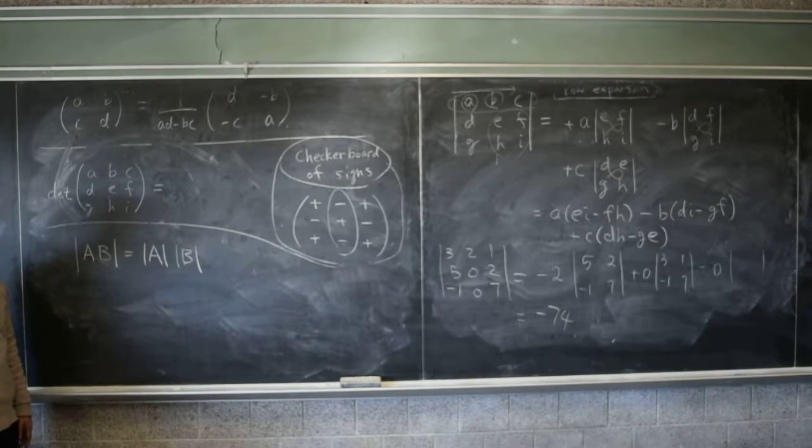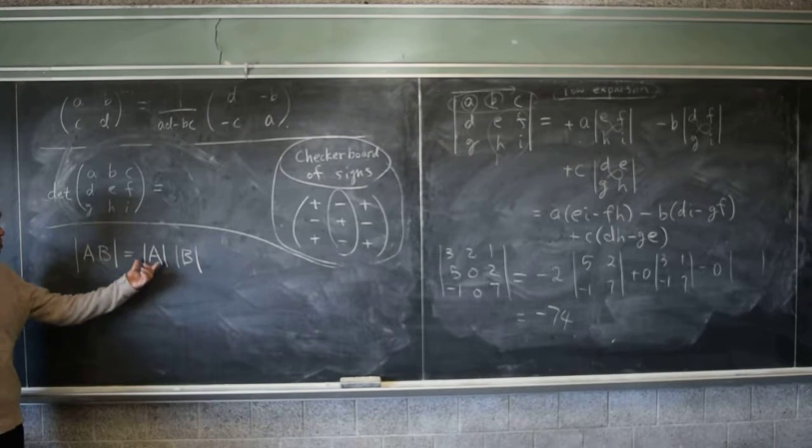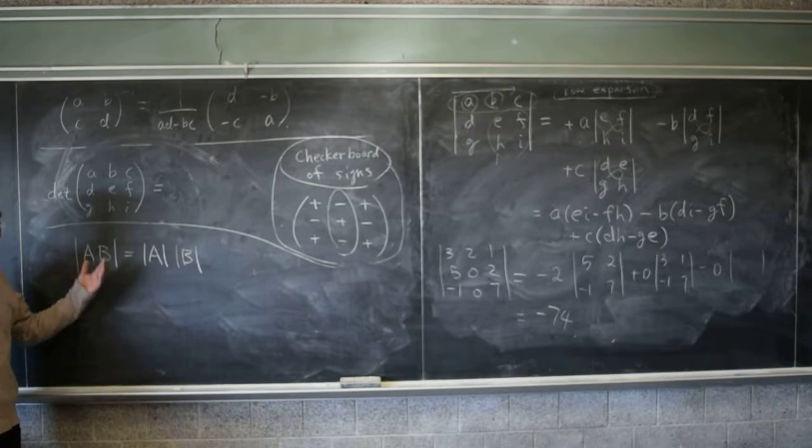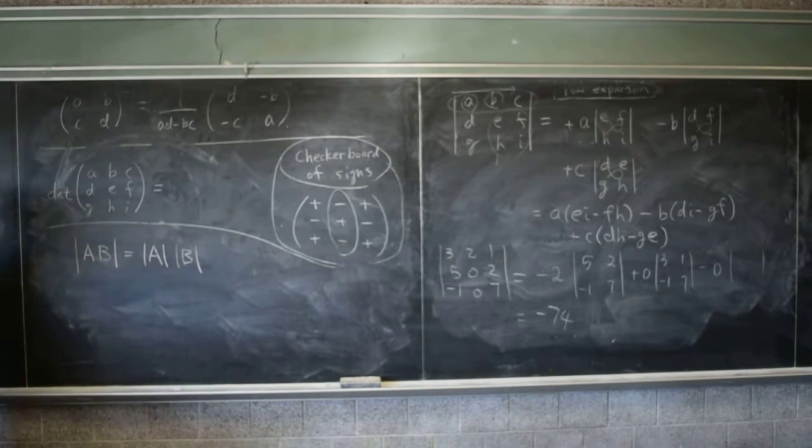So let's say you made a product of two huge matrices and you weren't too sure if you made a mistake or not. One way to check would be to calculate the determinant of the result that you had, and calculate the determinants before, and see if they match. If they don't, that means you made a mistake somewhere. Okay? So this is a good way to check. All right, that's all we have for today.